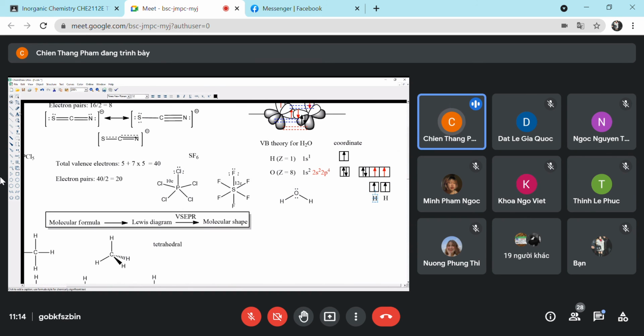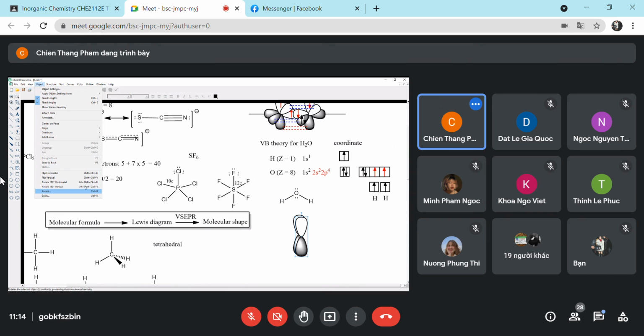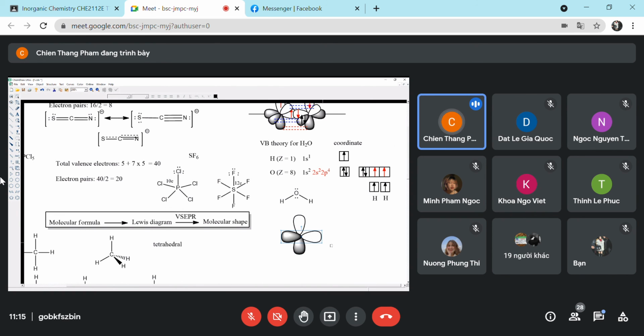And now we can draw the pictures. Let's consider the p orbitals of oxygen. As we know, the two p orbitals are perpendicular to each other, so we can draw like this. This one is for oxygen, and another one for the other p orbital. Let's rotate this one. Now we have the p orbitals of oxygen, and they overlap with the s orbitals from hydrogen.